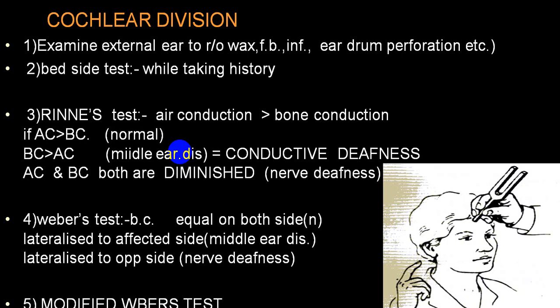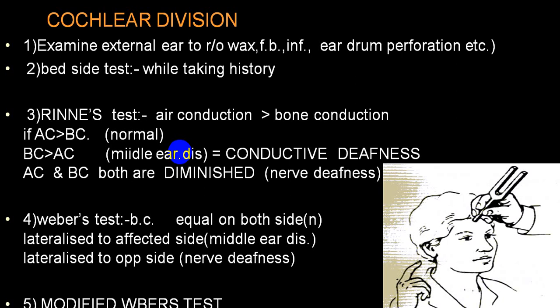Either there is some pathology in the middle ear like otitis media, acute or chronic, or something is happening to the bones, like you might have bone fusion, or the person is having some pathology even in the eustachian tube, that will all produce disturbances in bone conduction, which we call conductive deafness.